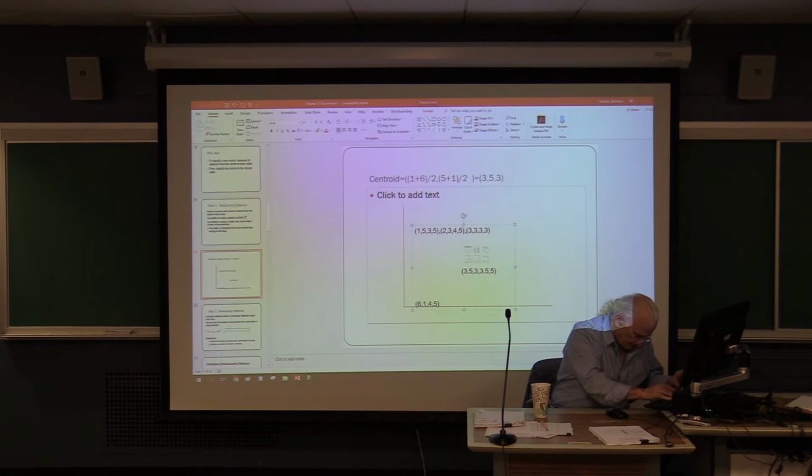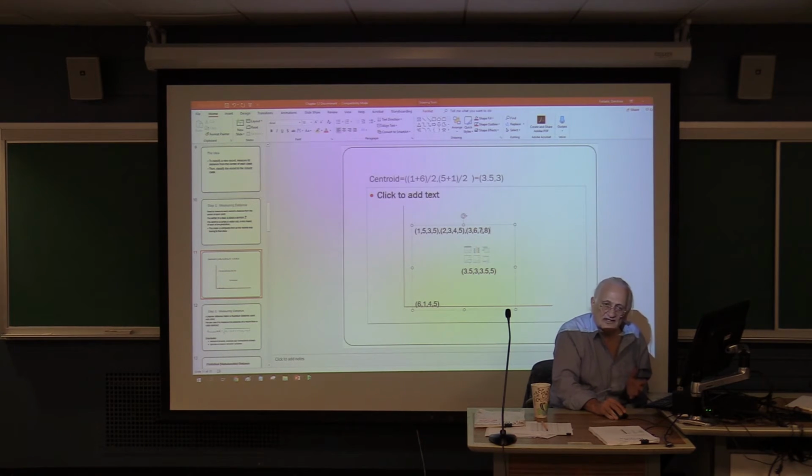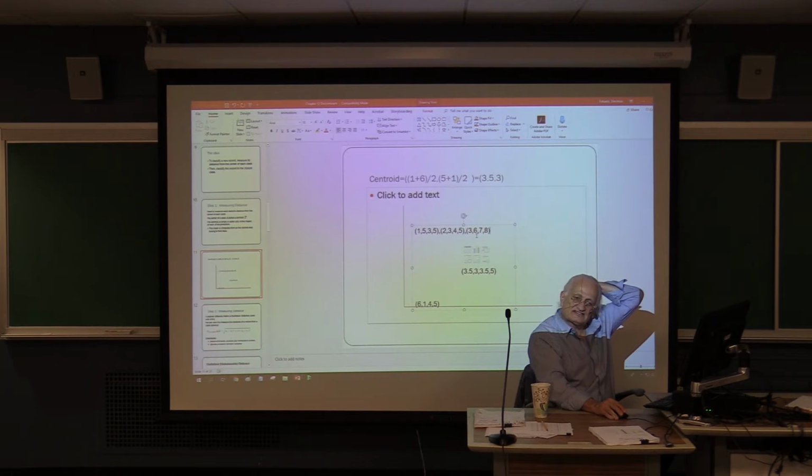Let's change these numbers: 6, 7, 8. To find the average in the third location, (3 plus 4 plus 7) over 3, like that. So that's how you find the centroid, very easily.